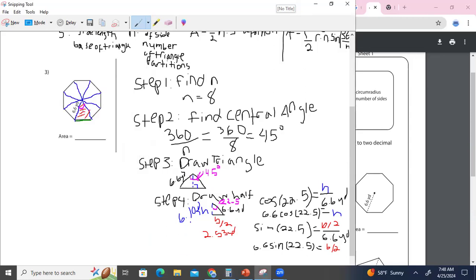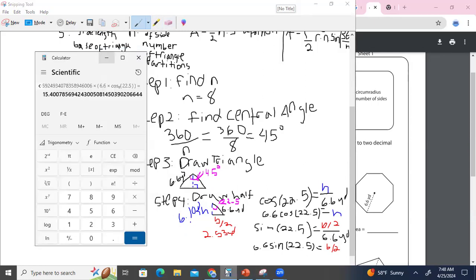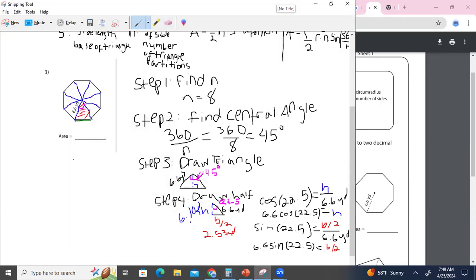But remember, we have how many triangle partitions? We have 8. So I'll just write it right here. Area of this one triangle is 15.4.